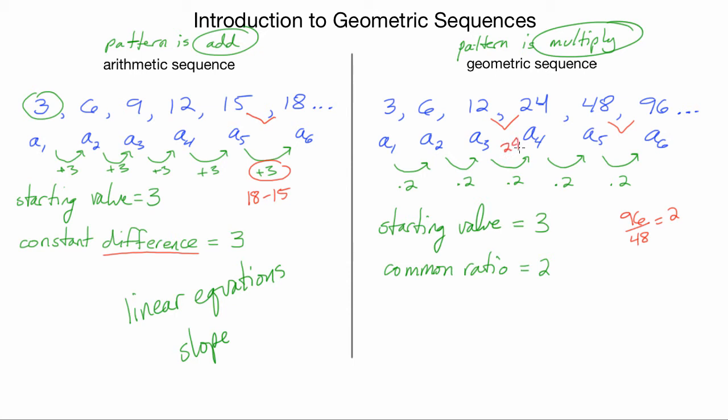If I divide them, I'm going to get the pattern of multiply by 2. So we call it the common ratio because if I take the ratio of any two terms, it's going to give me what that number is that I'm multiplying by. And what we're going to find is geometric sequences and the pattern of multiplying is the very heart of understanding exponential functions.